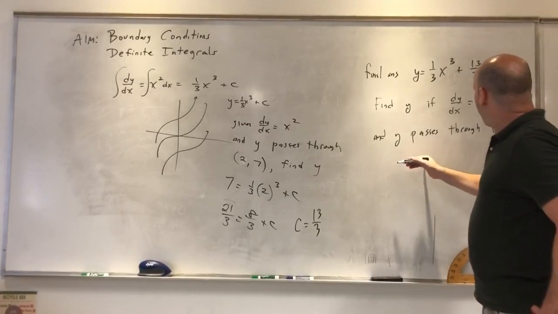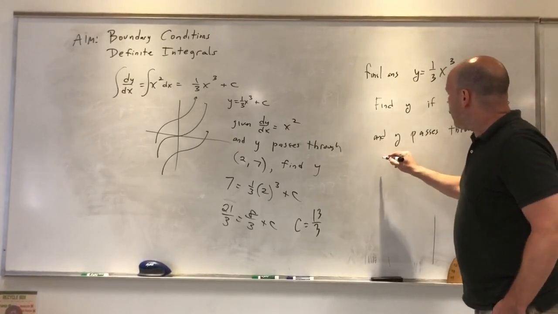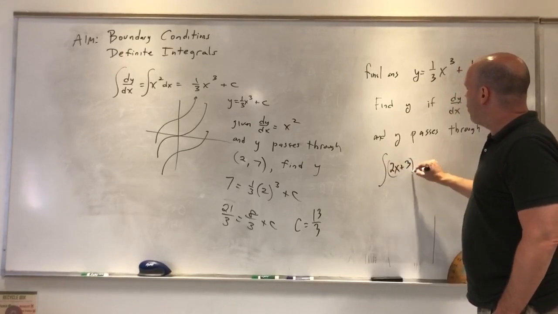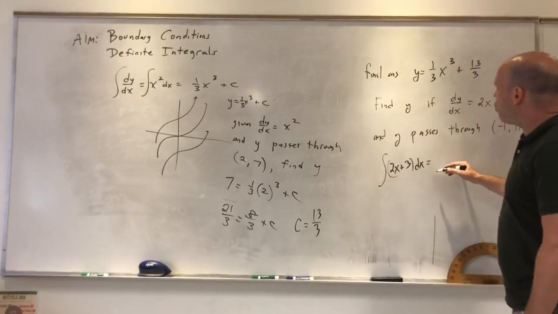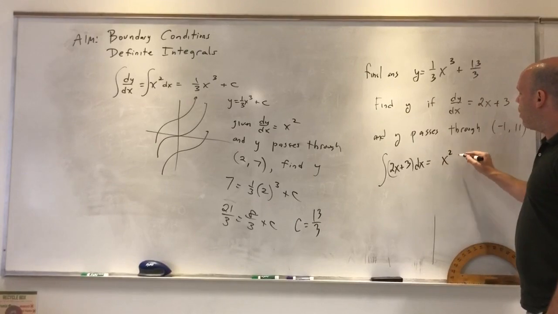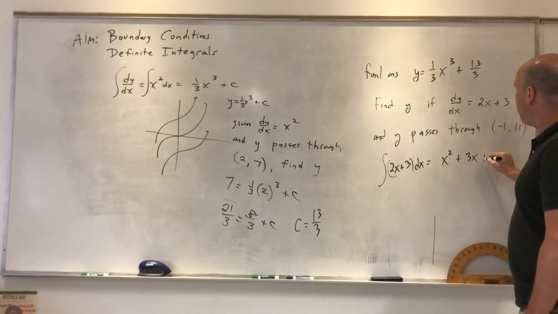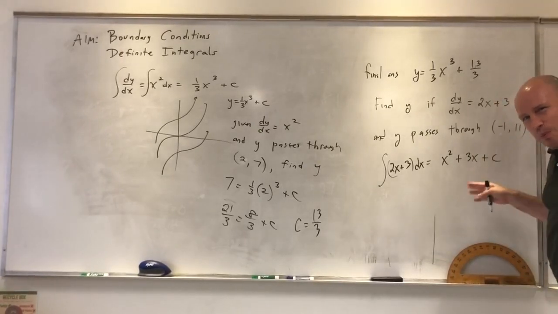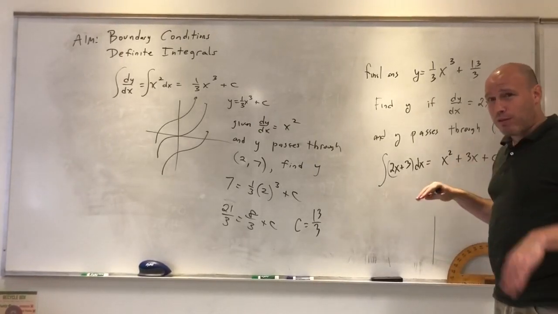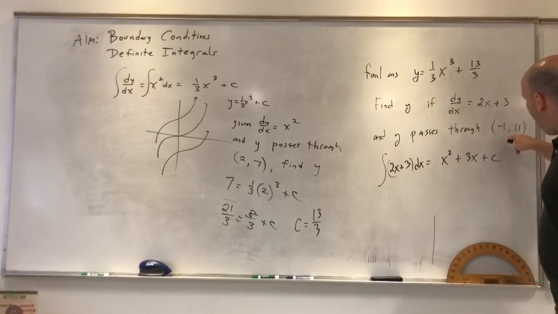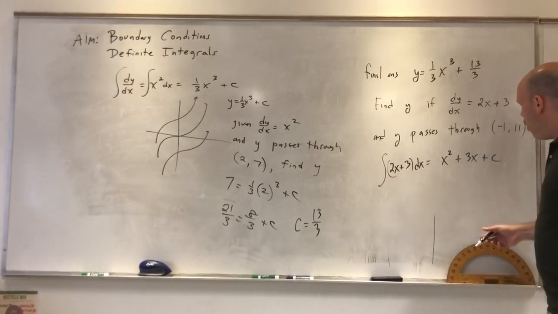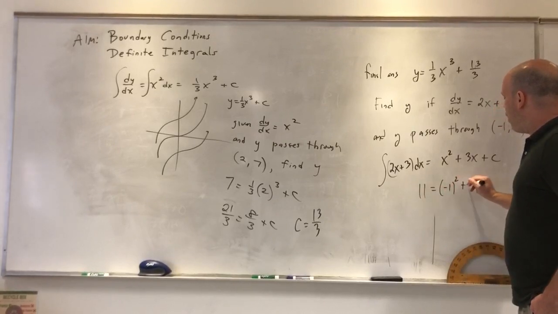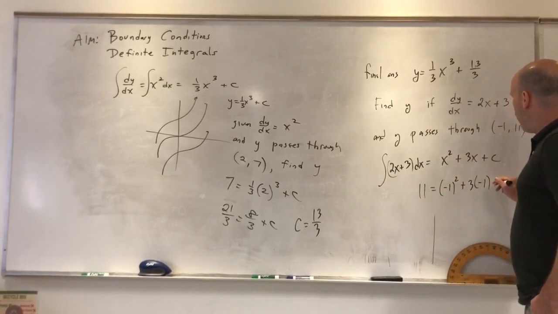So we know that the integral of 2x plus 3 dx is equal to x squared plus 3x plus c. You have to put the c in, or you're going to lose a point. I don't make up the rules, IB does. We know that it passes through -1, 11, so we say that 11 is equal to -1 squared plus 3 times -1 plus c.